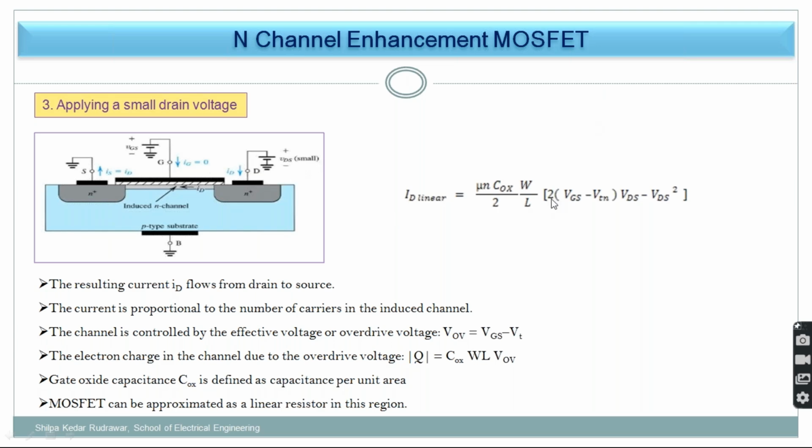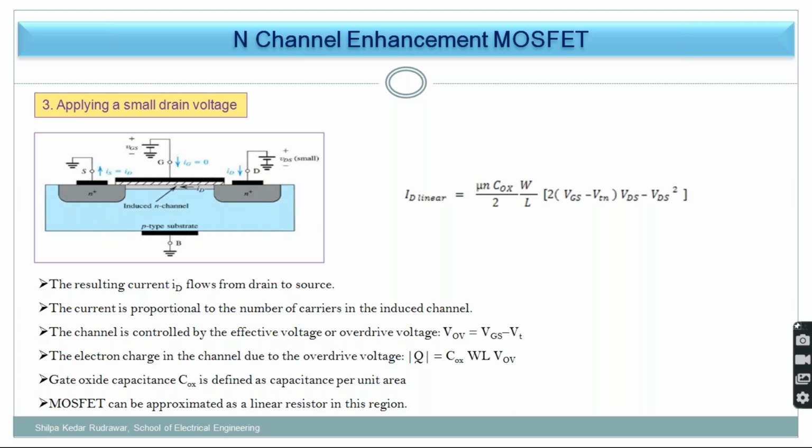So these terms are coming over here. Anyhow, you need to remember this, because your effective voltage should be VGS minus VT, and you need to apply VDS so that electrons will flow from one side to another. So this is very important, and depending upon this we can find our saturation current. There is no need to remember the saturation current formula. So just remember this drain current in the linear region.